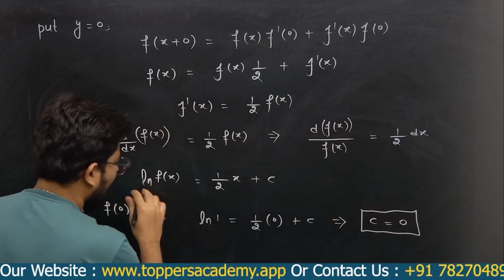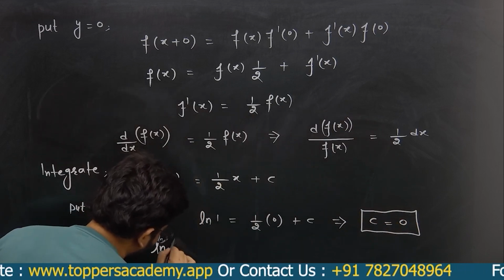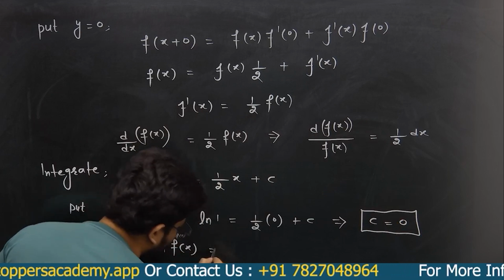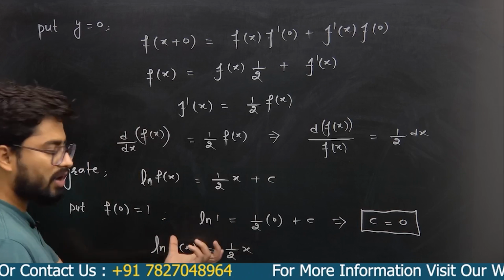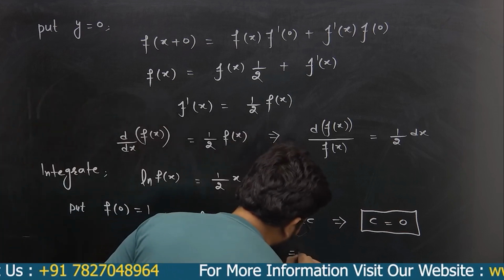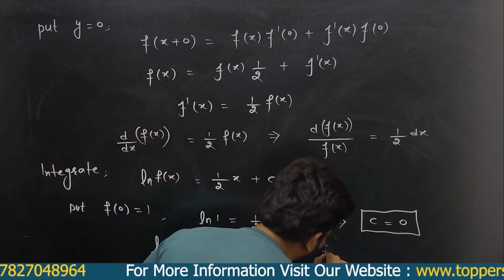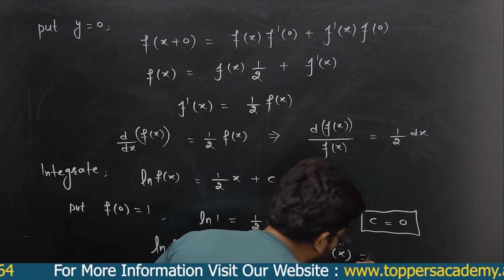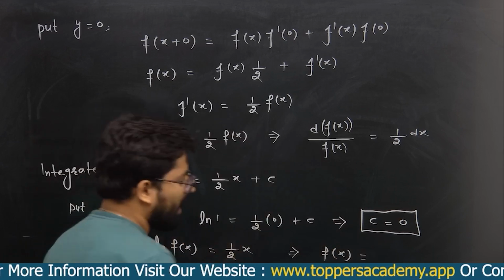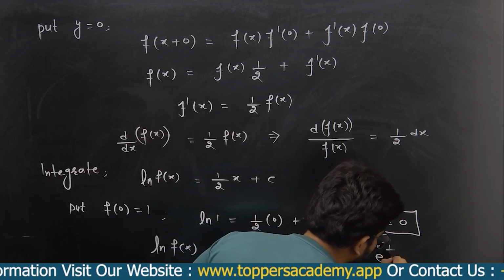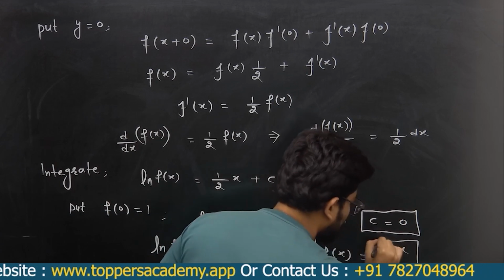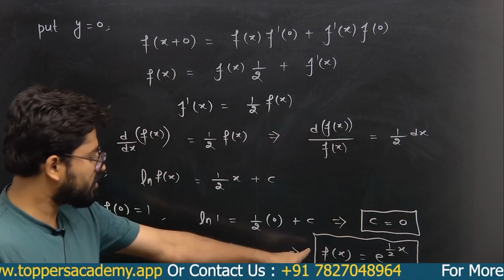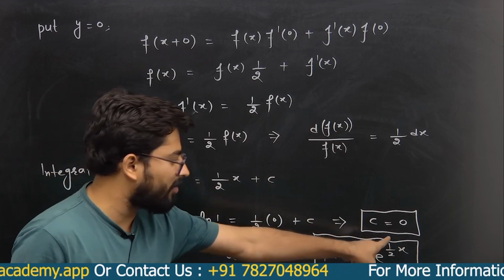So ln of f of x is equal to half of x, as c is 0 here. From here you can simplify and get the value of f of x: f of x is equal to e power half x. That is your function.